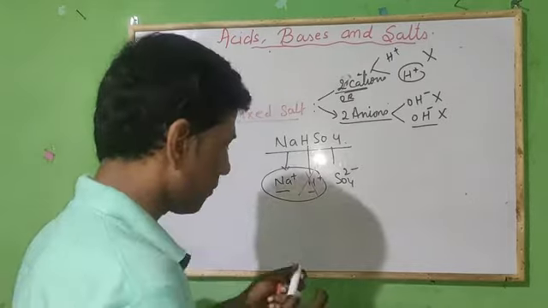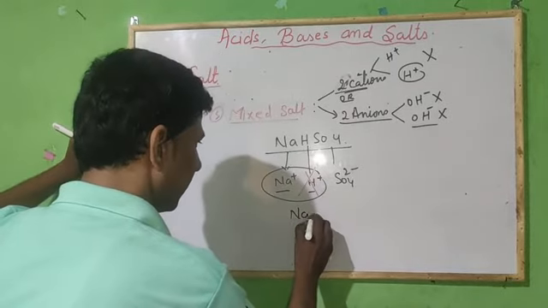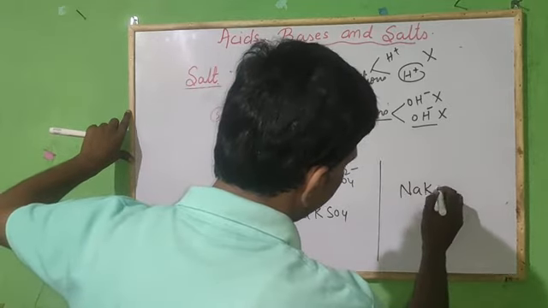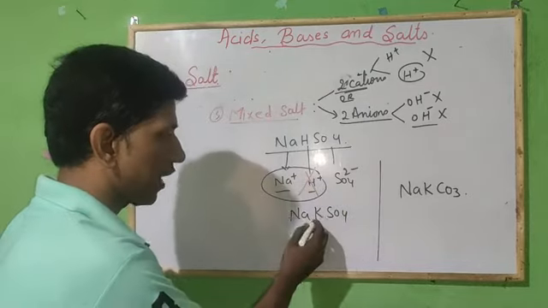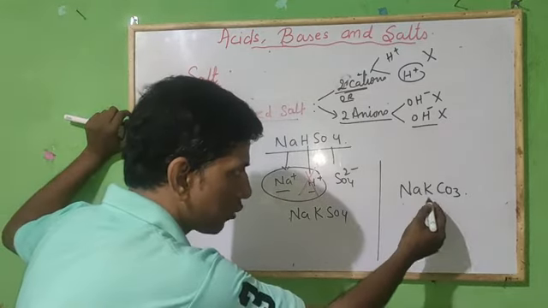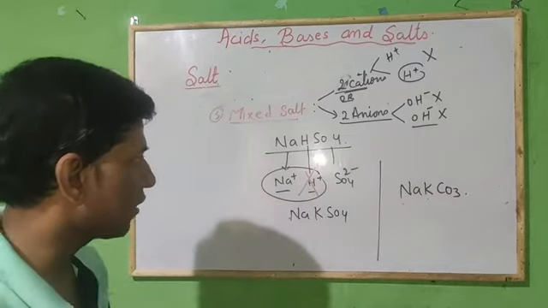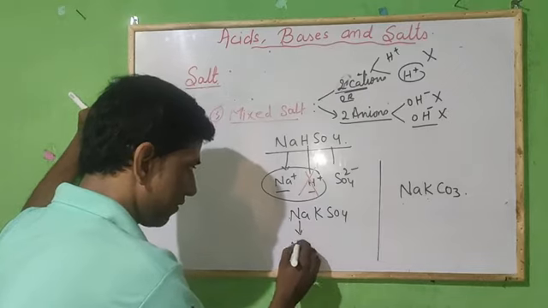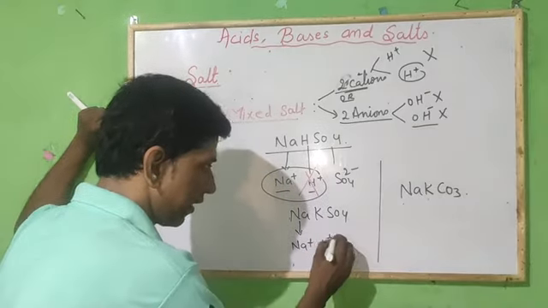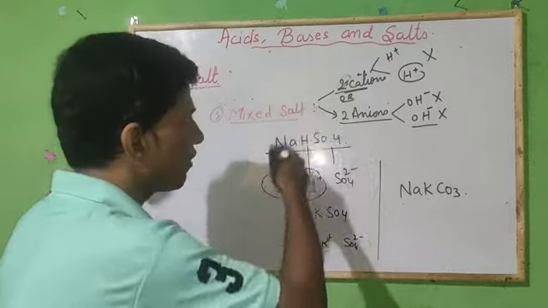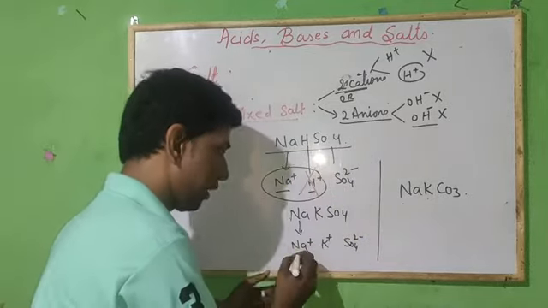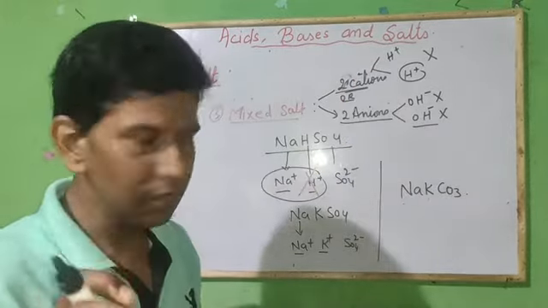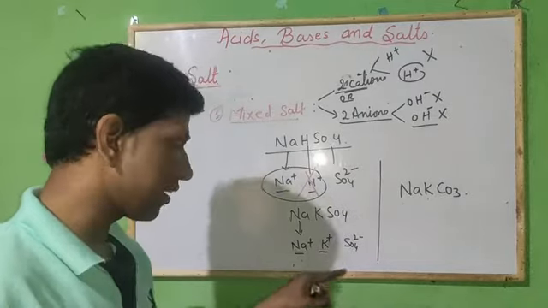Clear? One more example I am giving you. Suppose I am writing NaKCO3, sodium potassium carbonate. First we check how many cations and how many anions are there. You can see Na plus, K plus, and here the carbonate ion. We have two cations, sodium and potassium. The second condition is that neither the first nor the second will be H plus.